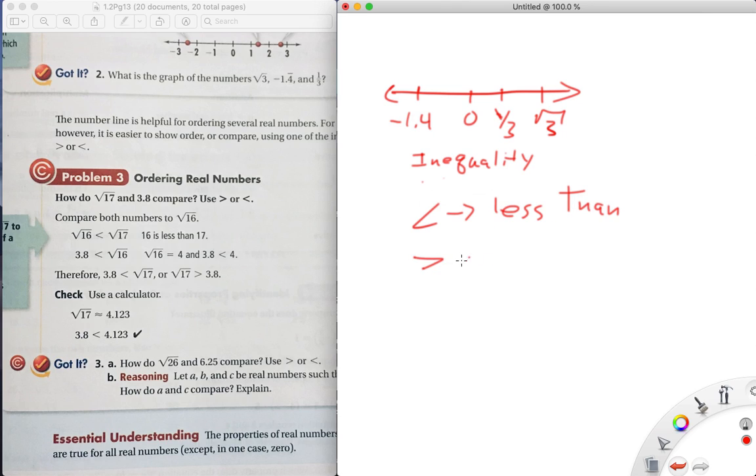This inequality means greater than. This means less than or equal to. And this means greater than or equal to.